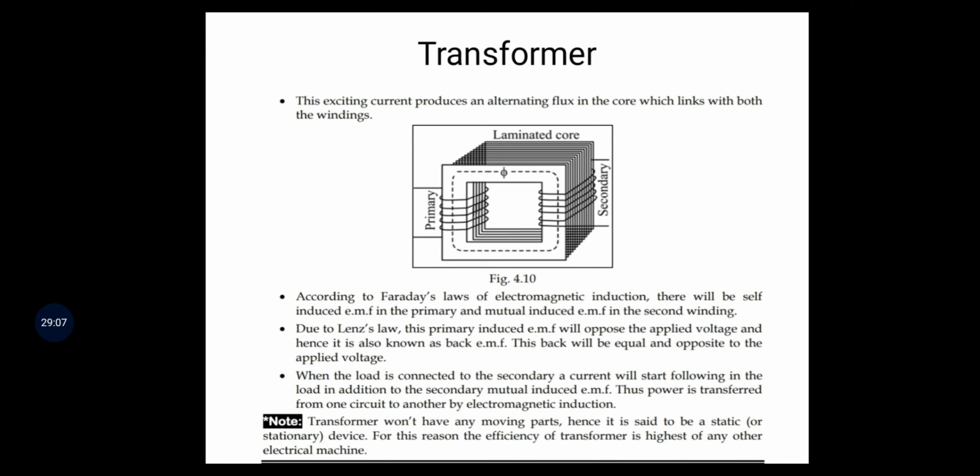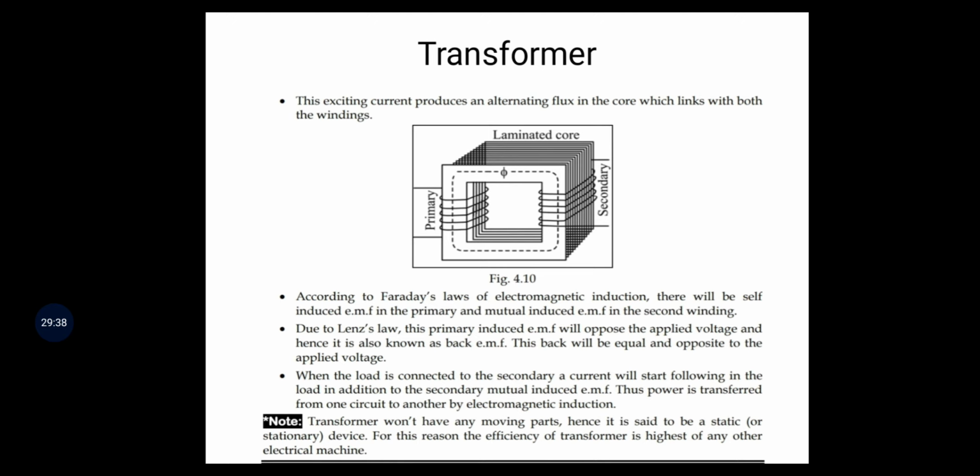It works on the principle of electromagnetic induction. It has the primary winding, secondary winding and core material. Here we use an iron core. When current flows in the primary winding, it produces a magnetic flux.